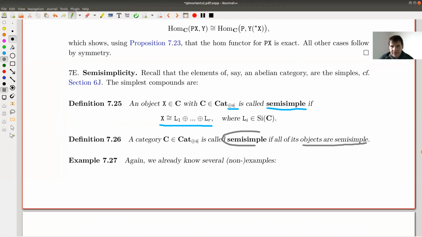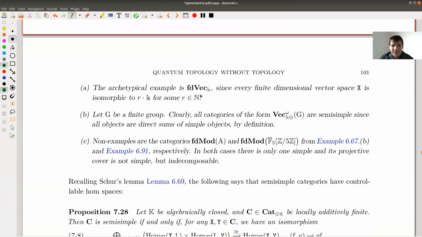So semi-simple categories. And again, the standard example you should keep in mind is vector spaces, graded vector spaces. Both of them are semi-simple. And this funny example we had here is not semi-simple.